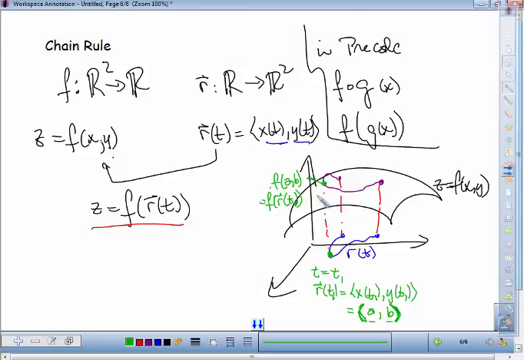Okay. So what I have here is a composition, f composed with r. R is the inside function, and it starts with a t value.